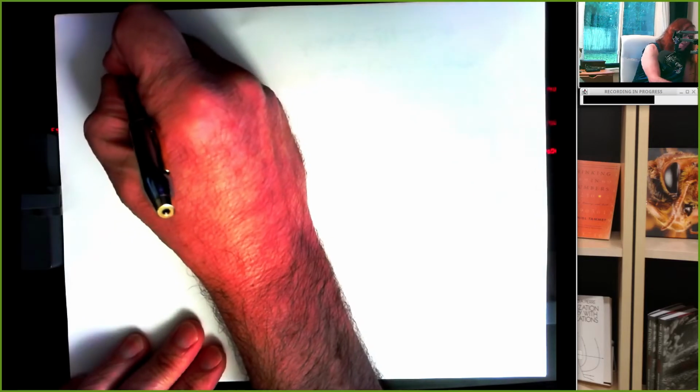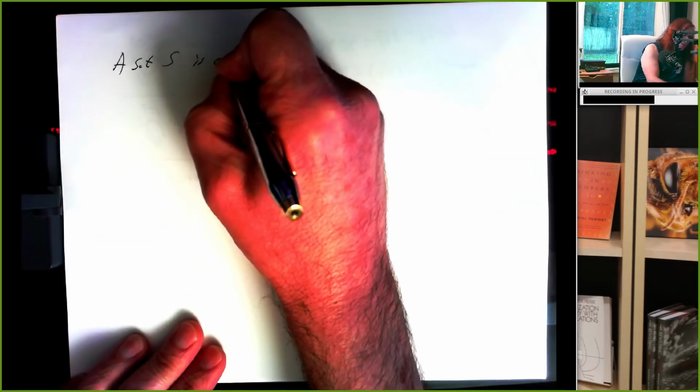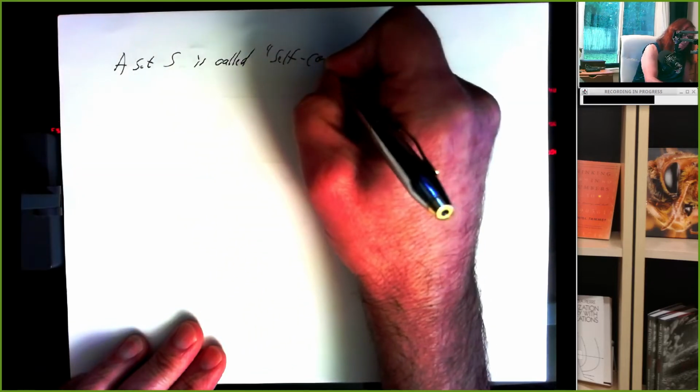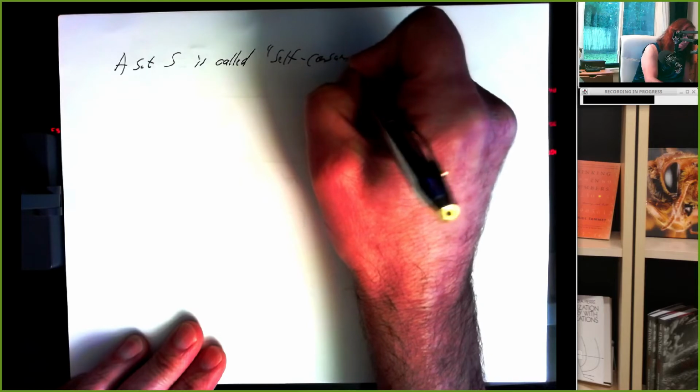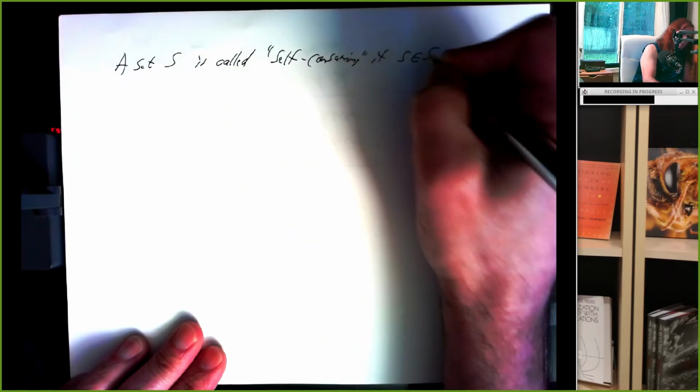I can define somebody to be purple if their first name has an odd number of letters in it. It's just a definition. So I'm going to make a definition for sets. A set S is called self-consuming if S is a member of itself.